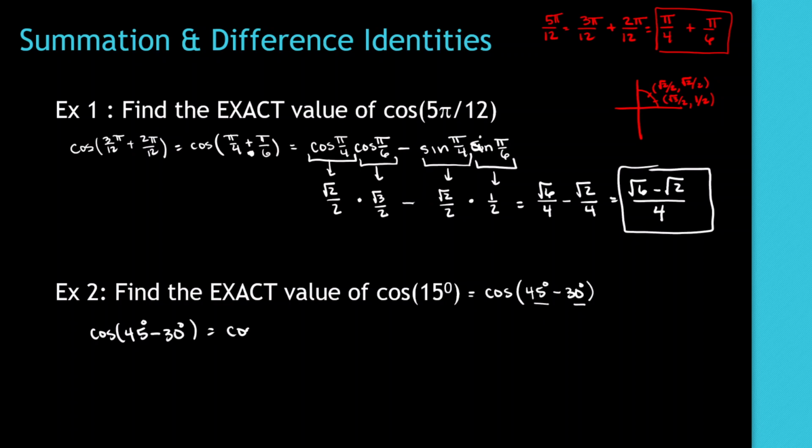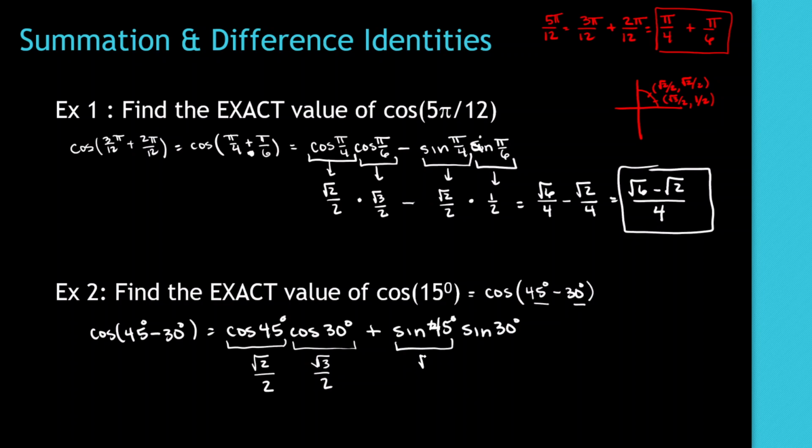So if I'm going to take this as cosine of 45 minus 30 degrees, this would be cosine of both of those angles. And then because it's a minus, we'll do plus the sine of both of those angles. Now cosine of 45 is square root of 2 over 2. Cosine of 30 is square root of 3 over 2.